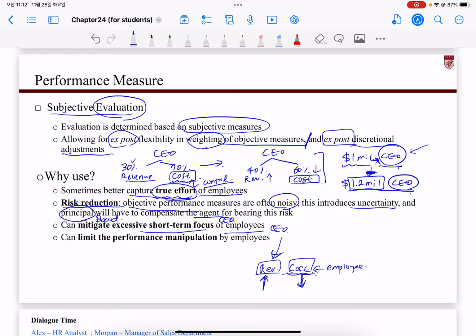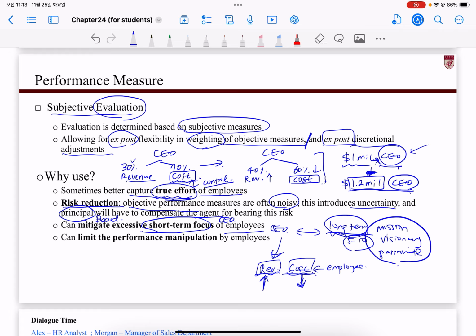So it can make the CEOs too short-term focused, whereas the board of directors want long-term success of a company. Like in 5 years, 6 years, how would the CEO lead? So in order to motivate the CEO long term, not only are they evaluating based on revenue and cost, but they can see a vision, how visionary the CEO is, right? How passionate the CEO is, right? And that can be a good measure for the long-term focus of a CEO.